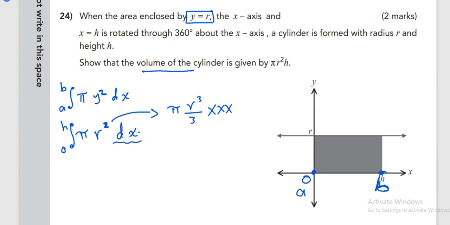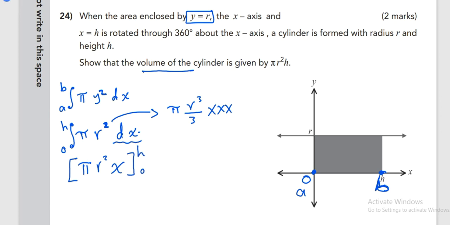So any expression or any part without the letter x is constant, whether it contains other letters or not. We said before, any term without the variable is constant. Its differentiation equals 0 and its integration just adds the variable. So here the integration of pi r power 2 is pi r power 2 x from 0 to h.